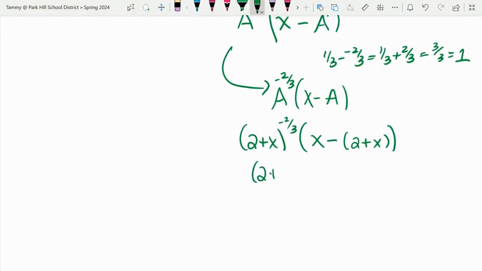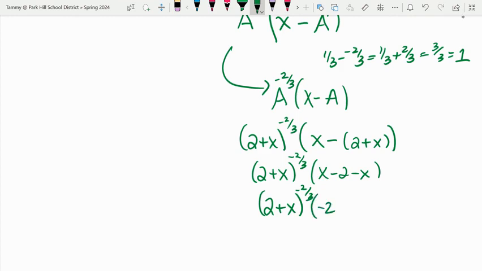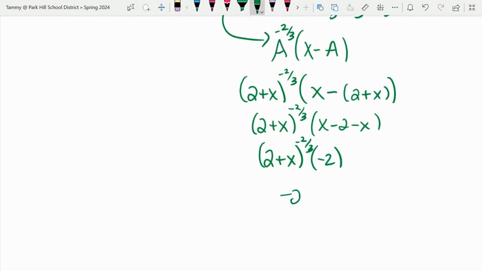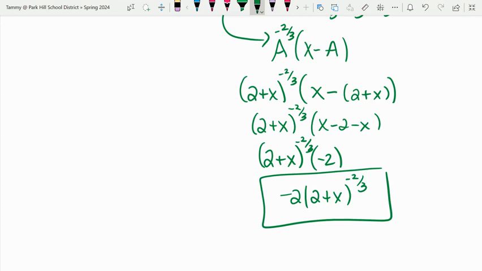So this becomes 2 plus x to the negative 2/3 times x minus 2 minus x, distribute that negative. So 2 plus x to the negative 2/3 times negative 2. Let's make it look nicer. So put negative 2 on the outside times 2 plus x to the negative 2/3. That one is confusing.